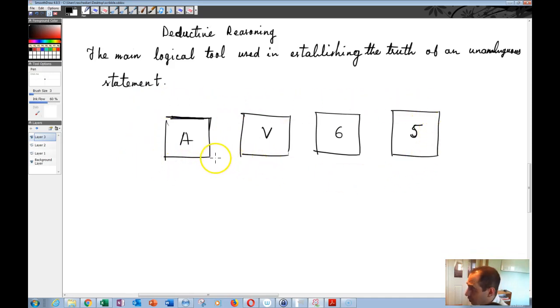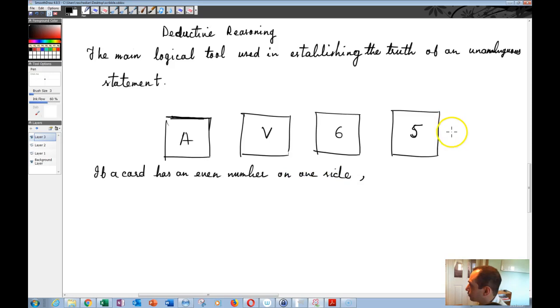If a card has an even number on one side, then it has a vowel on the other side.